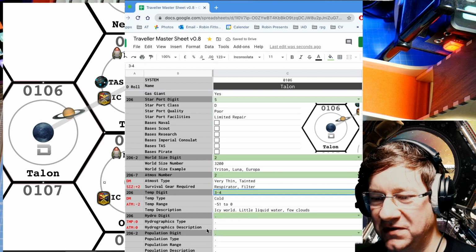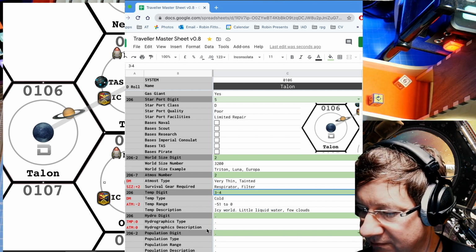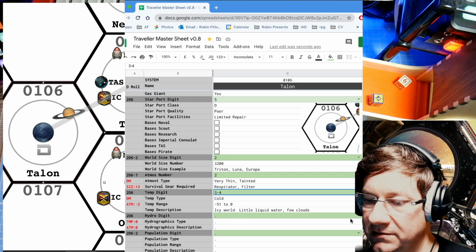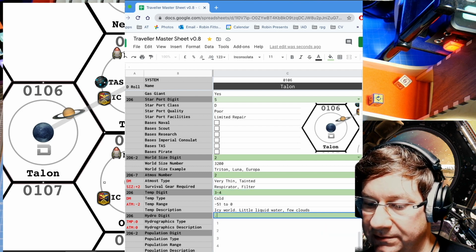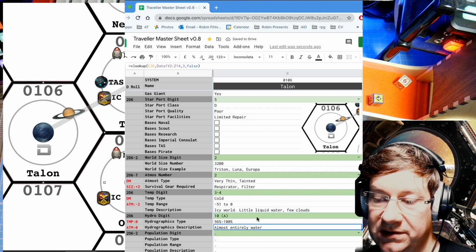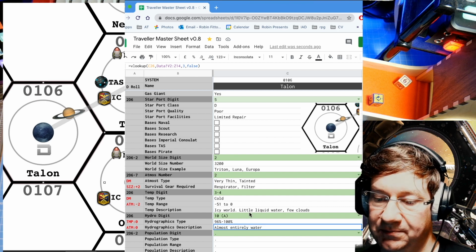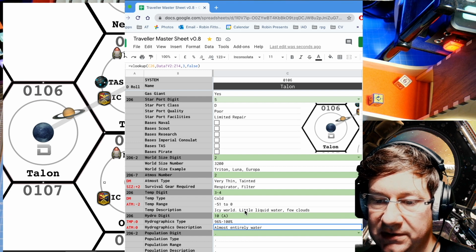But it is saying no modifiers for the hydrographics type. It's just a straight 2d6. So 10. So that is going to be an interesting one because that's quite high, really. So almost entirely water. So it's basically a solid ice chunk by the sounds of it, which is very interesting.